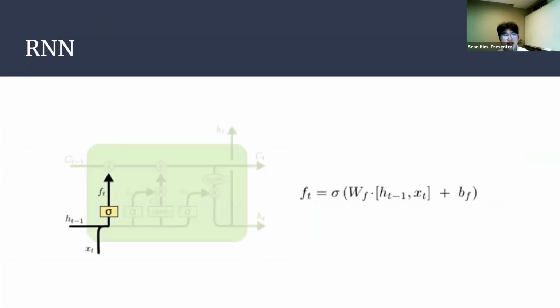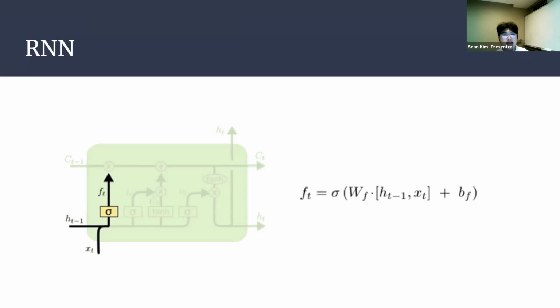Then we look at the first step of the LSTM, which is deciding what to forget. The sigmoid layer decides what kind of information should be forgotten. Therefore, the gate here is named the forget gate layer.